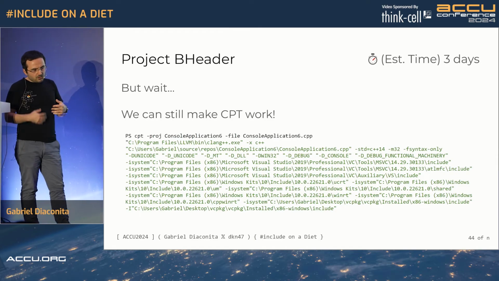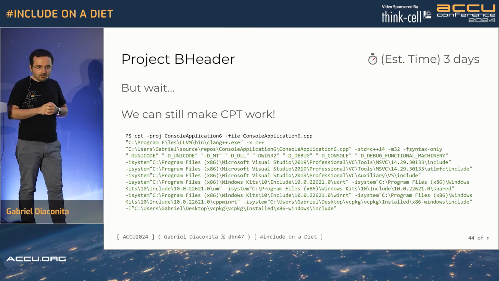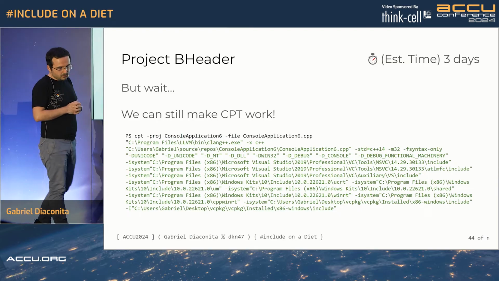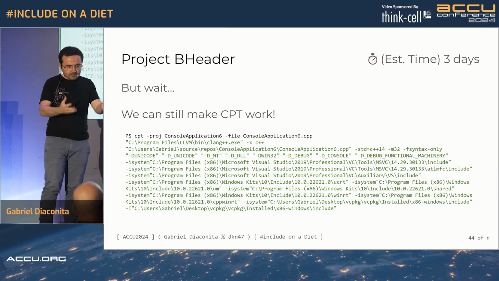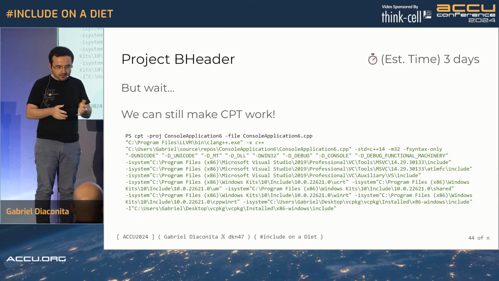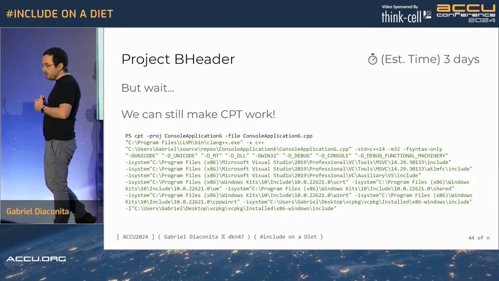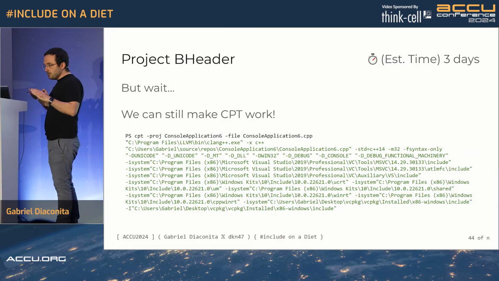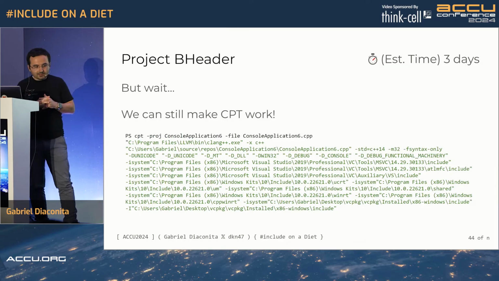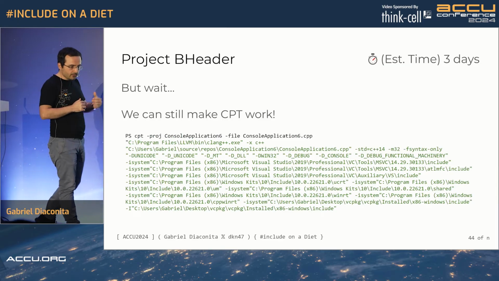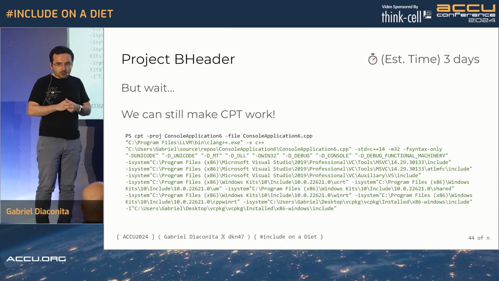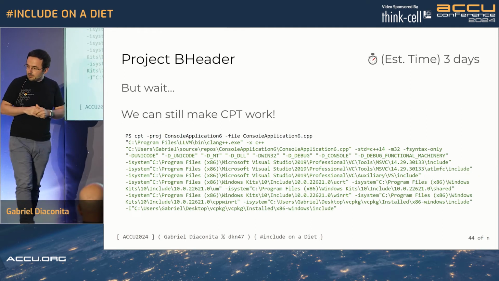So we started thinking, let's tweak it. Let's tweak Clang Power Tools in order to make it give us this command line for each project, cache it, and do the minimal amount of work possible so that this overhead that was blocking us no longer troubles us.